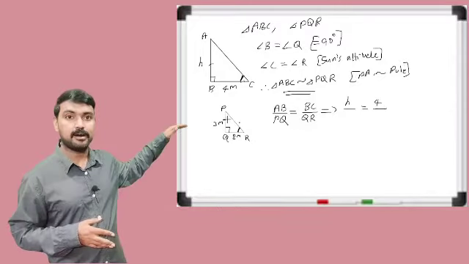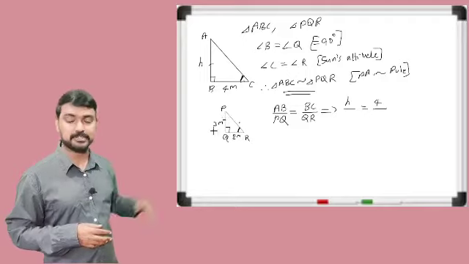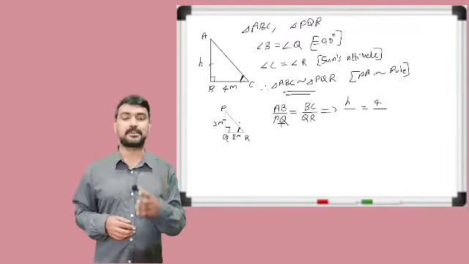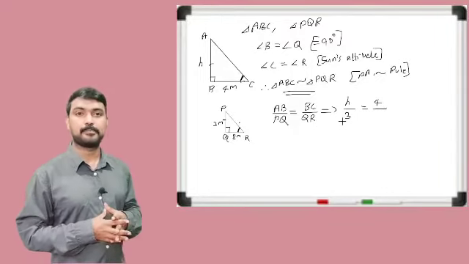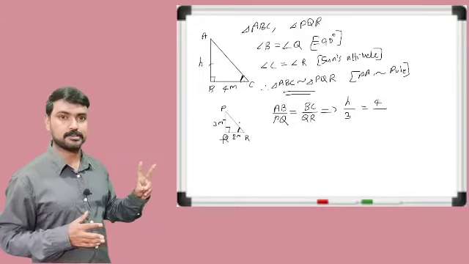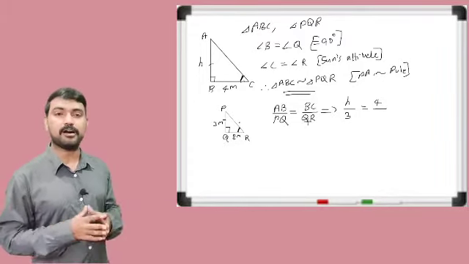PQ is the ruler which Niranjan kept vertically. What was the height of that? Yes, 3 meter. So we write 3 instead of PQ. And what was the shadow's length of the ruler? 2 meter. So instead of QR we can write 2 meter.